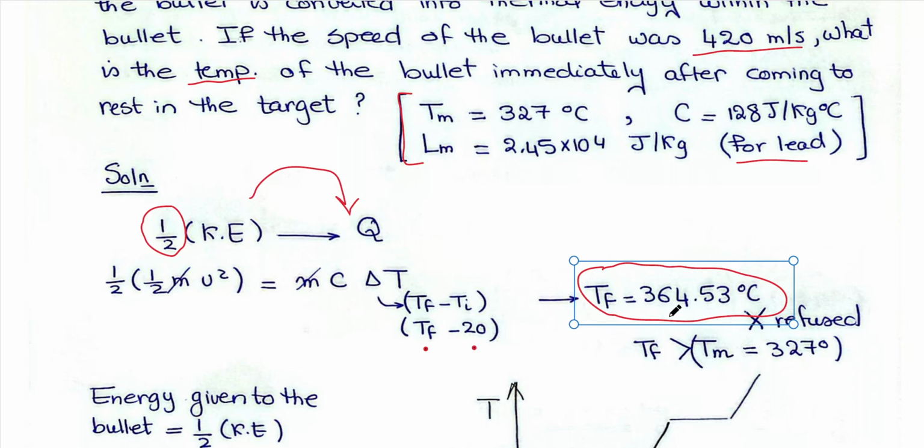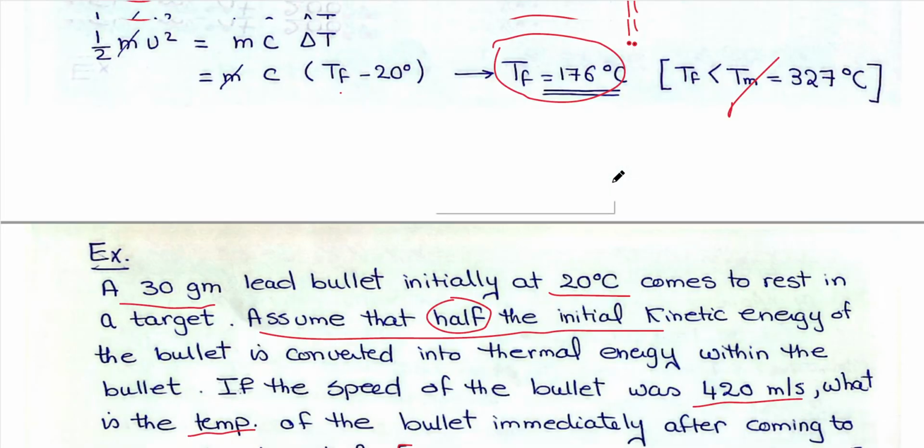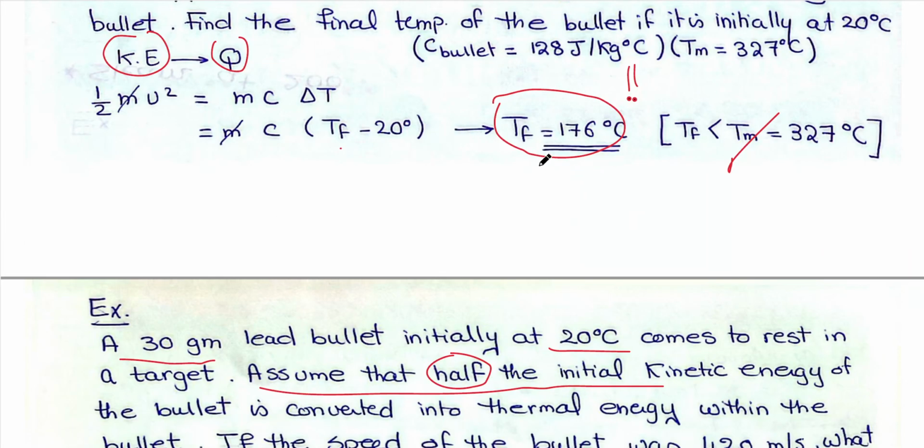But now T final is greater than the melting temperature. So this is a wrong way of thinking. In the previous one, I did the same, but the T final reached 176, which is still less than the melting temperature, so I was okay.